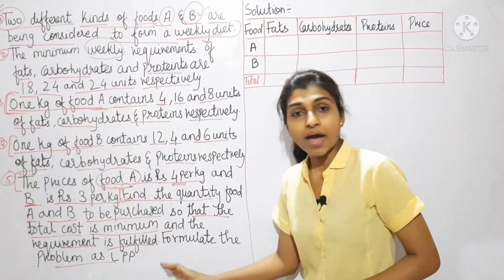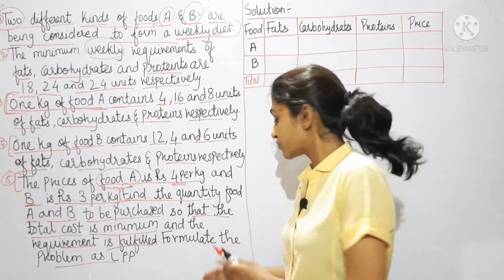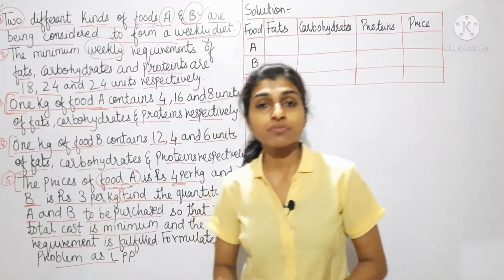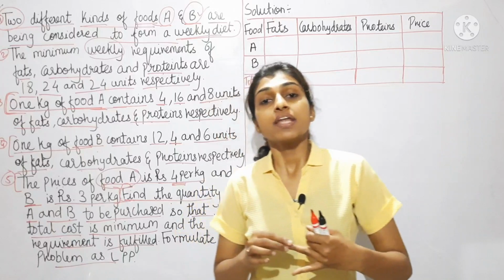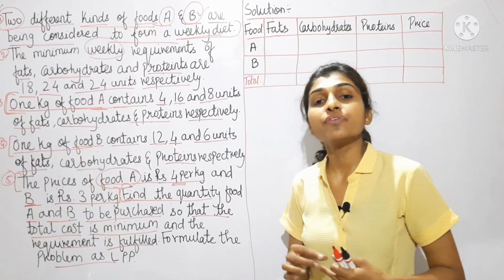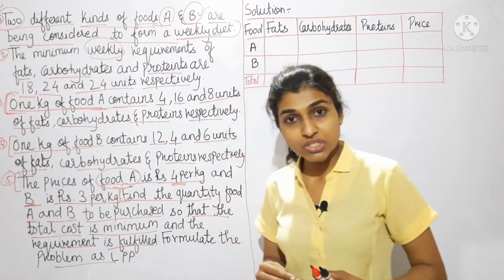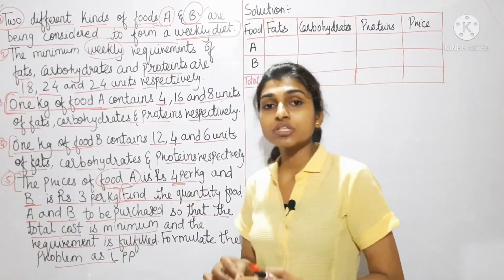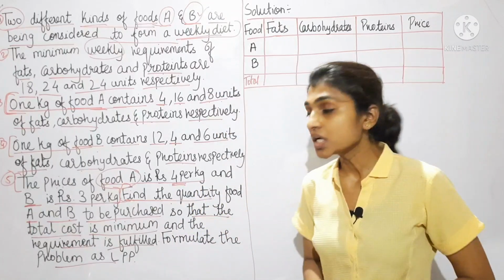Now I have explained the steps to formulate a linear programming problem. First we have to identify the decision variables. Second, we have to identify the objective function. Third is to identify constraints, and fourth is to identify the non-negativity constraints.